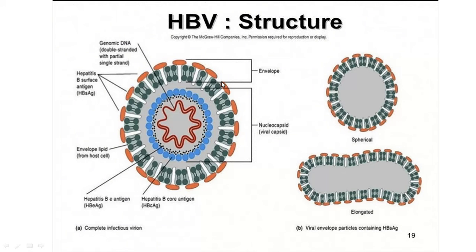In the envelope, you see the envelope lipids. And what gets attached to the envelope is hepatitis B surface antigen, that is HBsAg. Okay, this is the virion. It can be spherical or elongated as well.